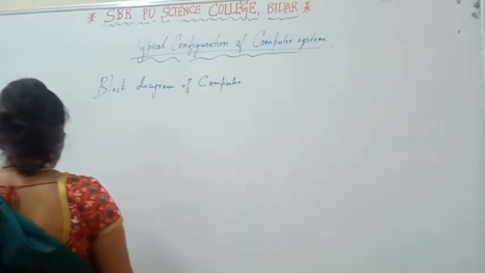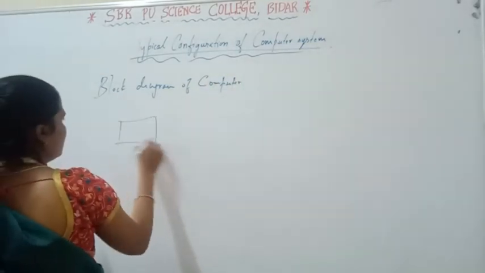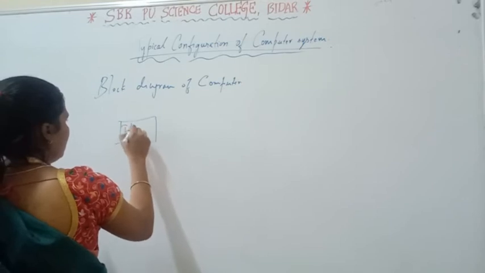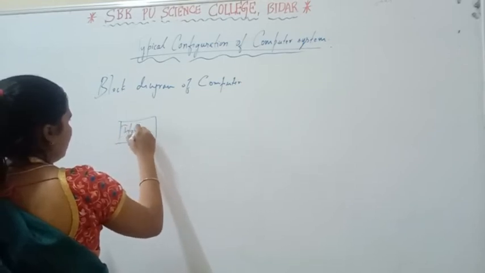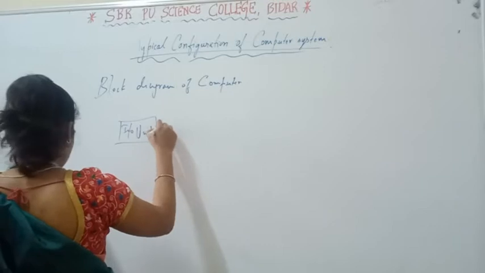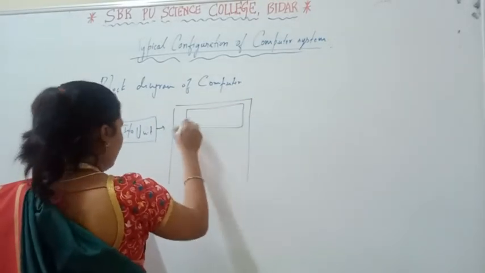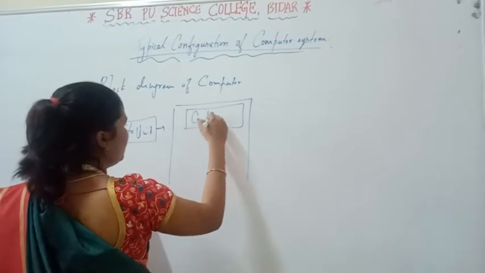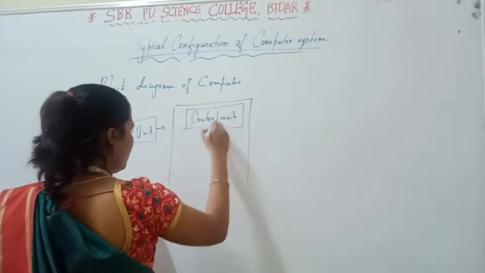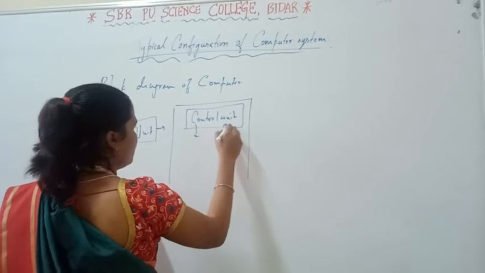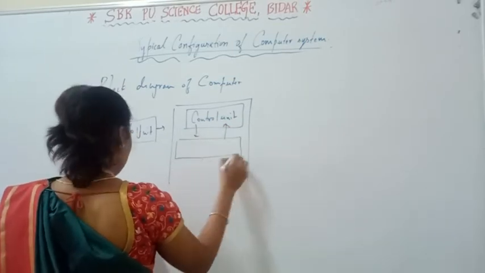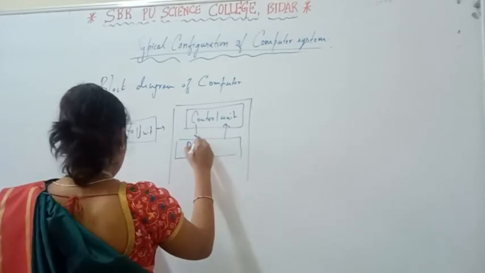Okay. Here you see. So this is the input unit. After that, you will be getting a control unit, and the arithmetic and logical unit.